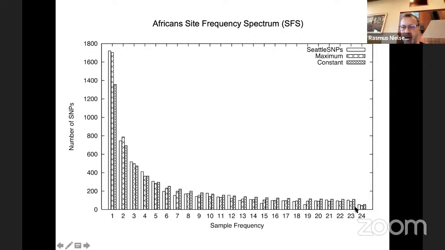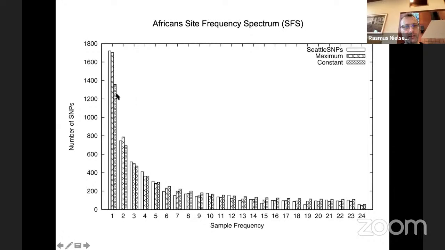All right. And we can then try to calculate what this frequency spectrum should be under certain models, and then fit those models to the data. So this is an example here from some data from what was called the Seattle SNP consortium. That's very early human SNP data.